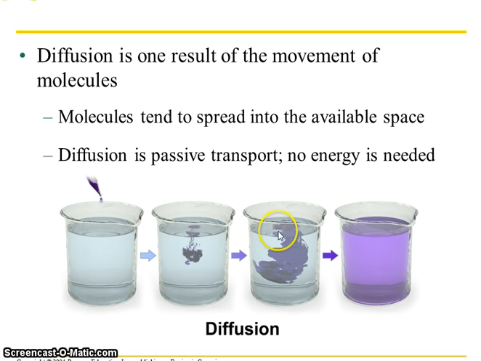So you can see here, this is a great example of diffusion. When you put drops of food coloring, for example, into water, you can see that dye start to diffuse and move throughout the water until you've got all the molecules spread out. They're just kind of wandering around. So remember, it's passive. You don't need to put any energy in.